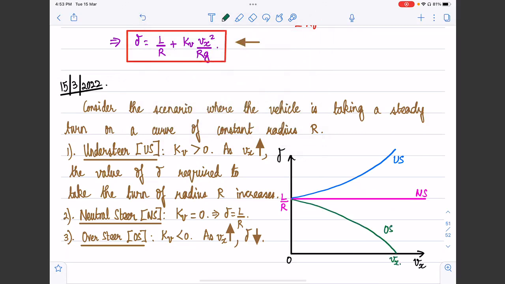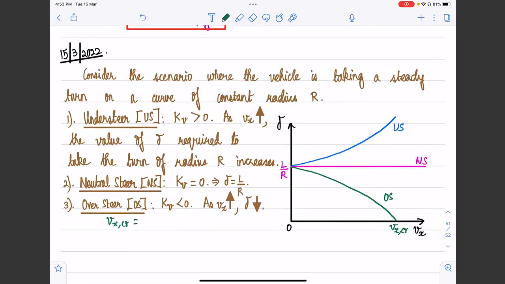We have already derived the expression for the critical speed Vxcr; if we recall from the previous class, it was square root of Lg divided by modulus of K. What it physically means is that when we hit the critical speed, even a small perturbation may make the vehicle spin out of control.